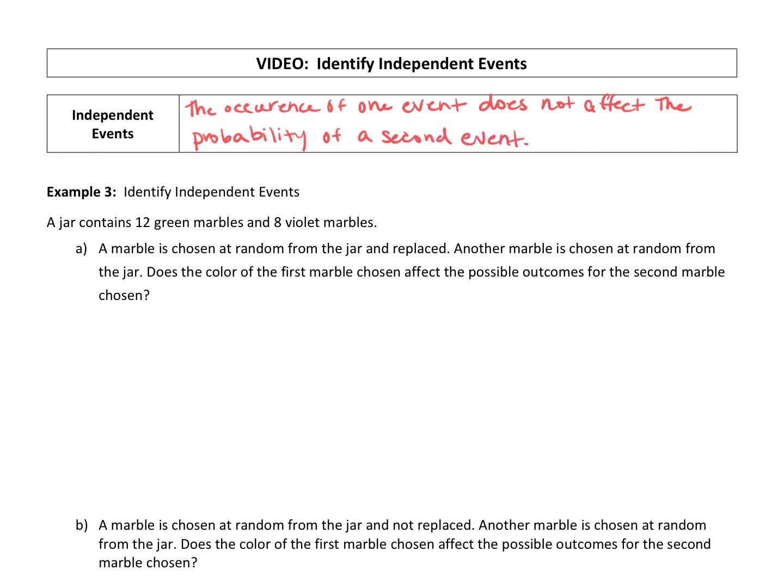All right, so independent events, this is the occurrence of one event, does not affect the probability of a second event.